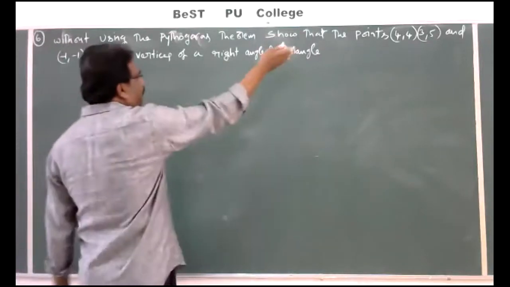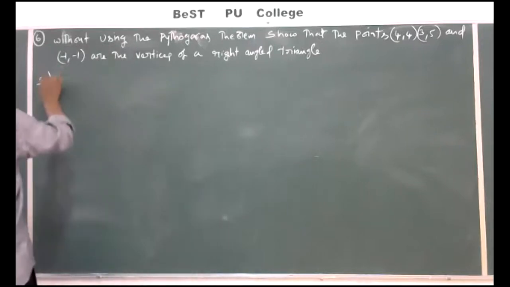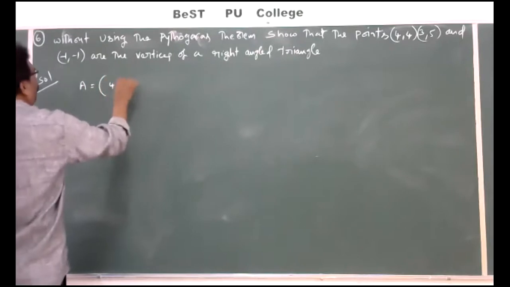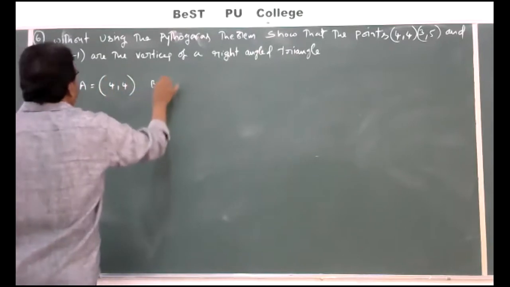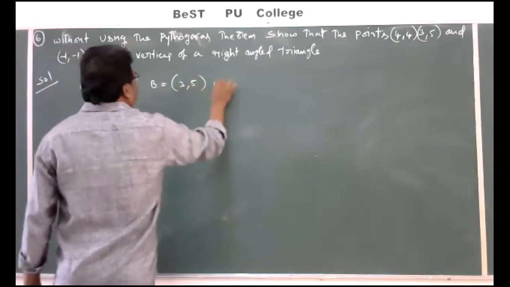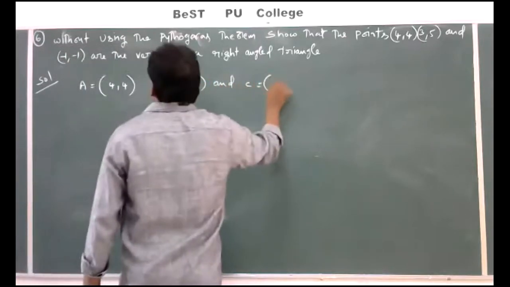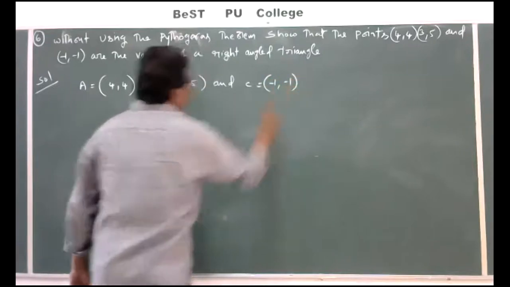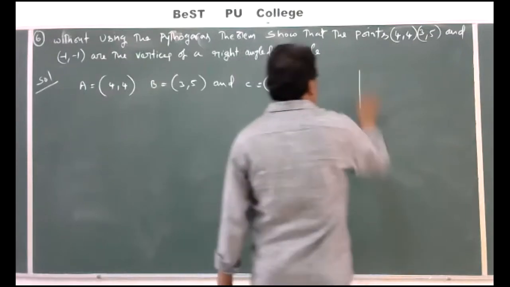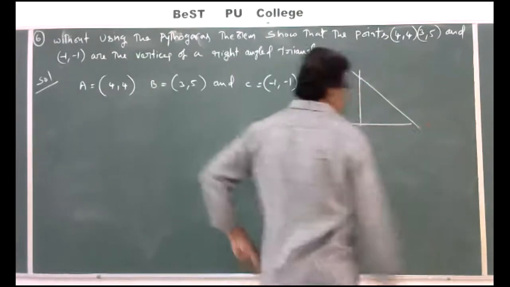For example, three vertices are given. Write the solution. Consider A is equal to (4, 4) and B is equal to (3, 5) and C is equal to (-1, -1). So in a right angle triangle, for example, this is the right angle triangle.